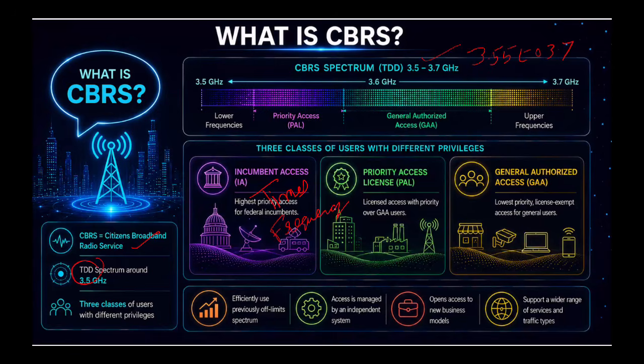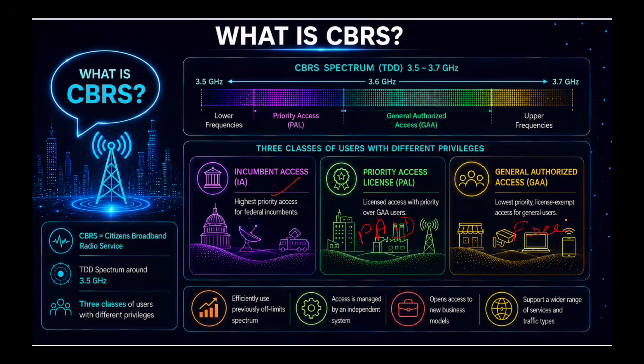So the main idea behind CBRS is spectrum sharing. Spectrum is shared between 3 classes. One is the incumbent class, the second one is PAL, which is priority access license, and the third one is general authorized access. So incumbent has the highest priority. Priority access is the second highest priority, but it is a paid license. GAA has the third priority, but it is free, right?